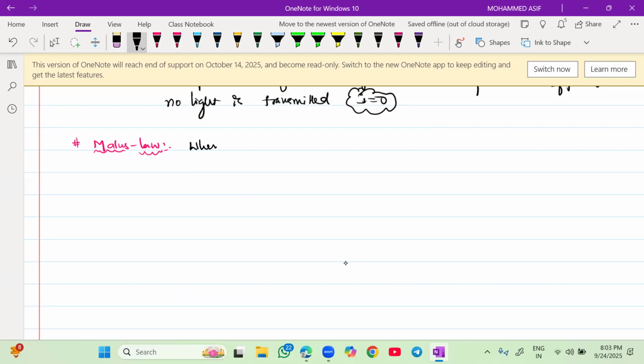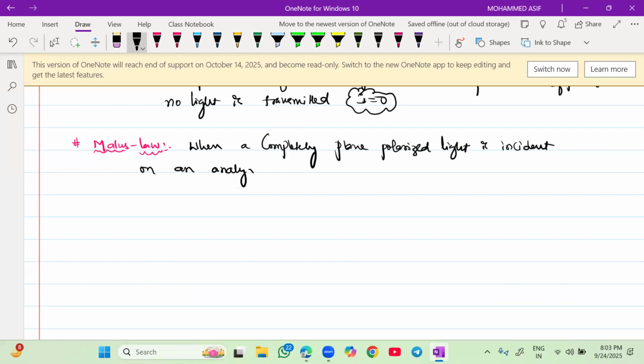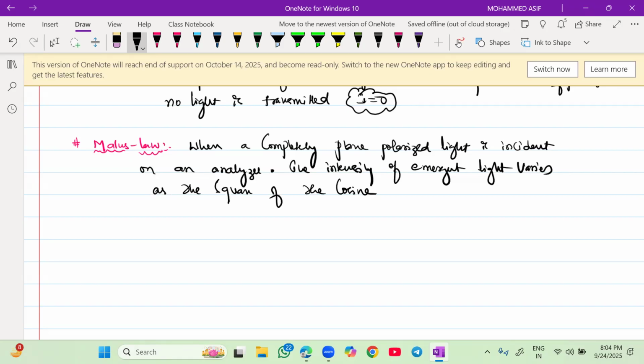Let me give the definition. When a completely plane polarized light is incident on an analyzer, the intensity of the emergent light varies as the square of the cosine of the angle between the polarizer and analyzer.